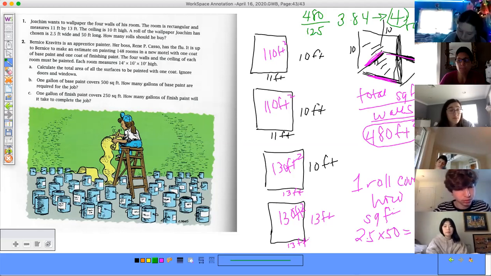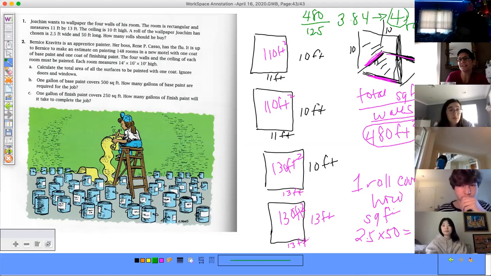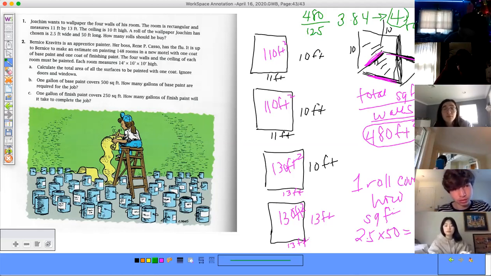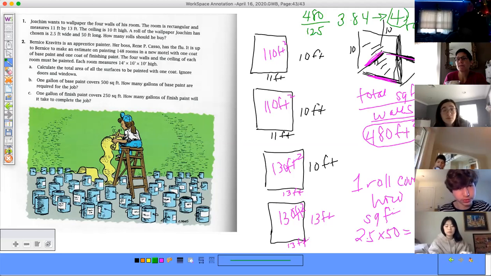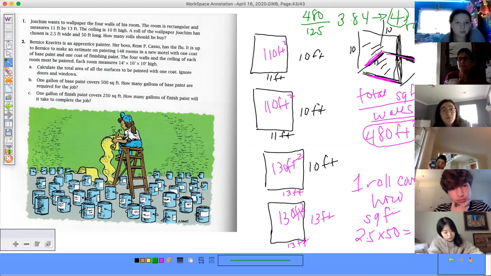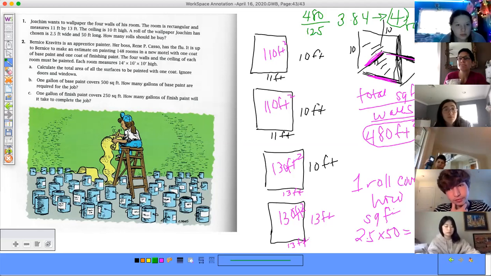What would you do to find the total number of walls she has to paint? Each room requires how many walls to paint? 4 walls and the ceiling. So that means how many walls for each room? 5 walls per room.